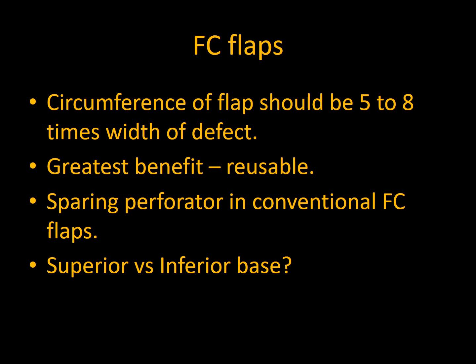So maybe once, twice, thrice, as many times as possible, we should be able to re-advance and reuse this fasciocutaneous flap. During harvest, it is important that we spare the perforators at the base of the flap. So rather than doing a conventional fasciocutaneous flap, it is better that we identify the perforators in the flap and try to preserve them as much as possible.